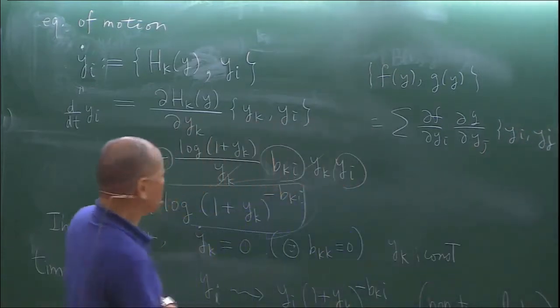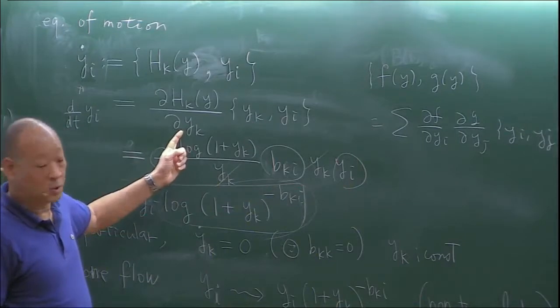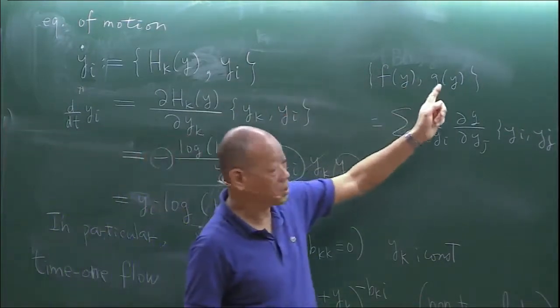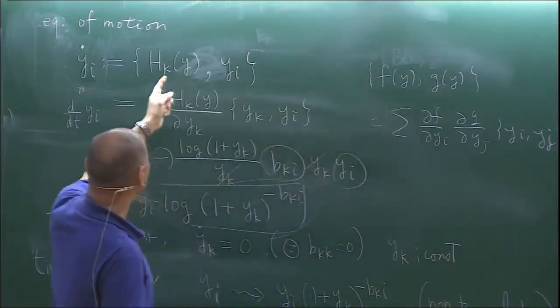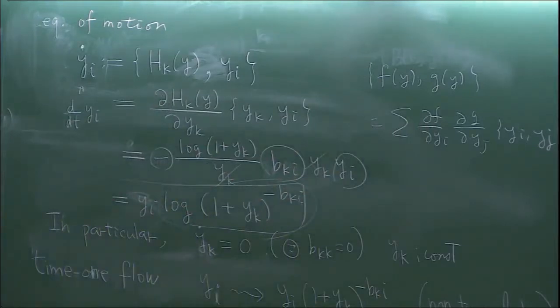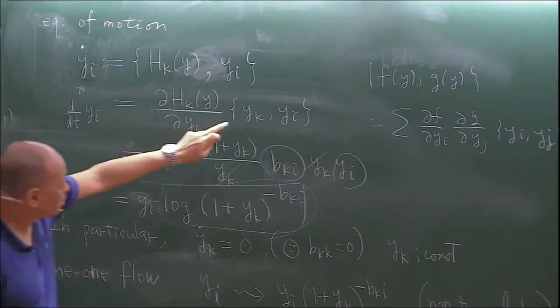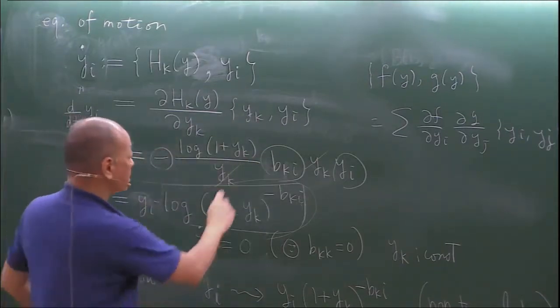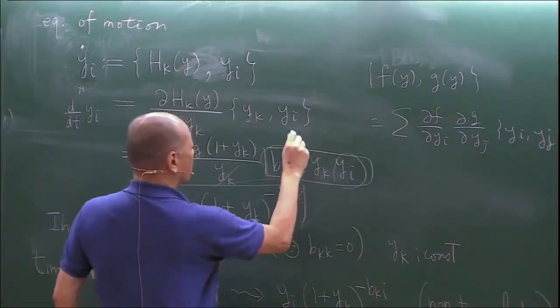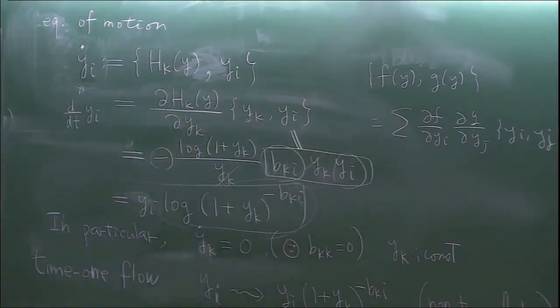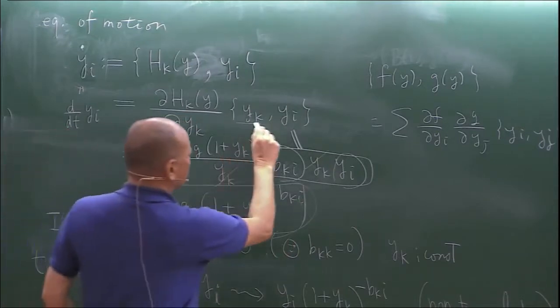But in this case, it's quite simplified because the y variable itself is already y, and this is only dependent on the single variable yk. This is the definition of our Poisson bracket, so we just apply this here. This is our formula. Okay, so let me continue.